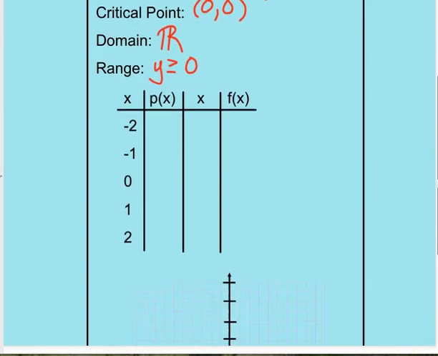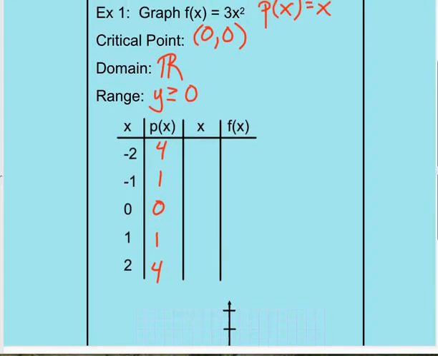So our setup for this one is a bit more complicated. I like to use the parent function and then stretch it and use those as directions. Or in this case, because we're not shifting, they will actually be our ordered pairs on the graph. So substituting into the parent function, squaring these values. And then depending on if it's a vertical or horizontal stretch or compression, I will change or multiply the correct t-table value.